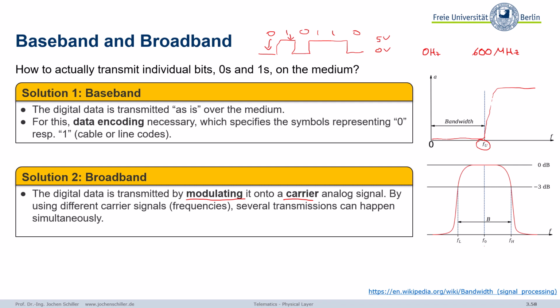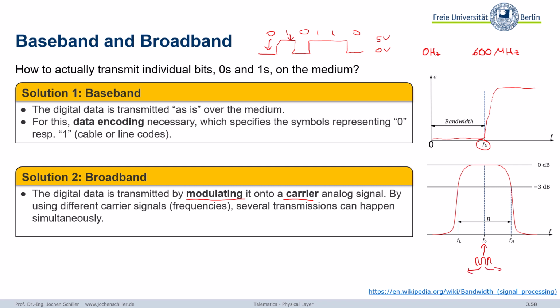So typically we have a carrier, for example, a sine wave at a certain center frequency here. And then we can do some manipulation here. And for example, depending on the data, we can lower the frequency or increase the frequency, whatever.